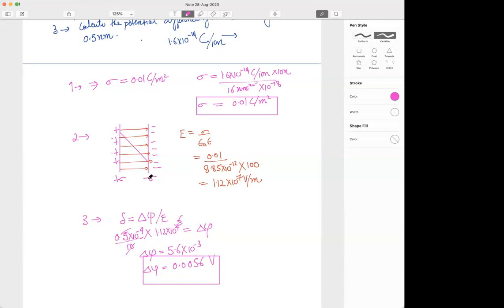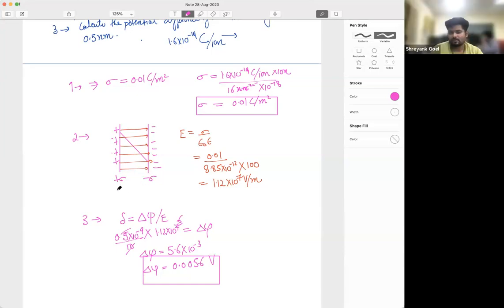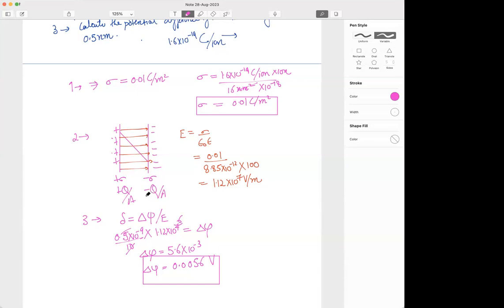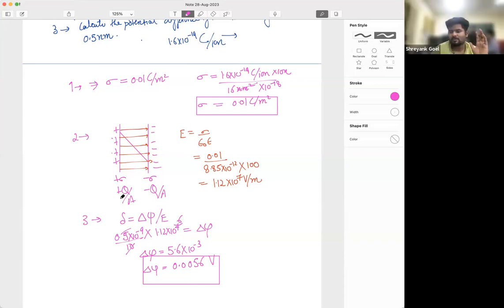If it is plus q, then it is minus q by A. Then also it is considered as given. The potential drop is because of the two surfaces, and it is that only.